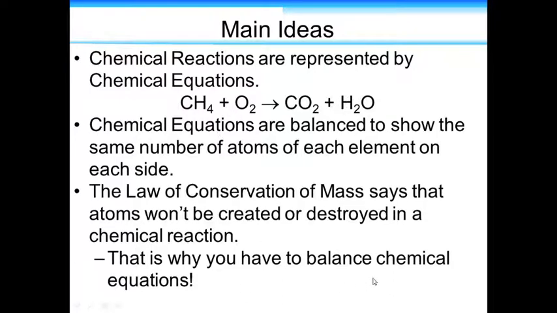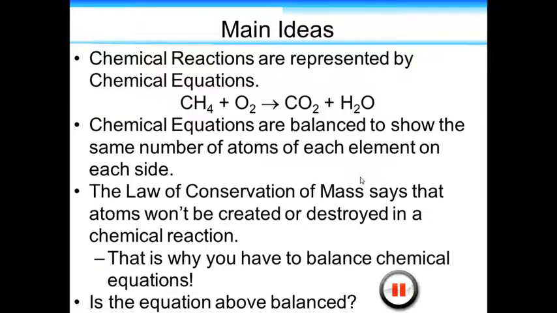So that's why we are concerned with balancing chemical equations. And it really provides a recipe for the chemist to follow in terms of the ratio of, in this case, methane to oxygen that we need in order to make our products, carbon dioxide and water.